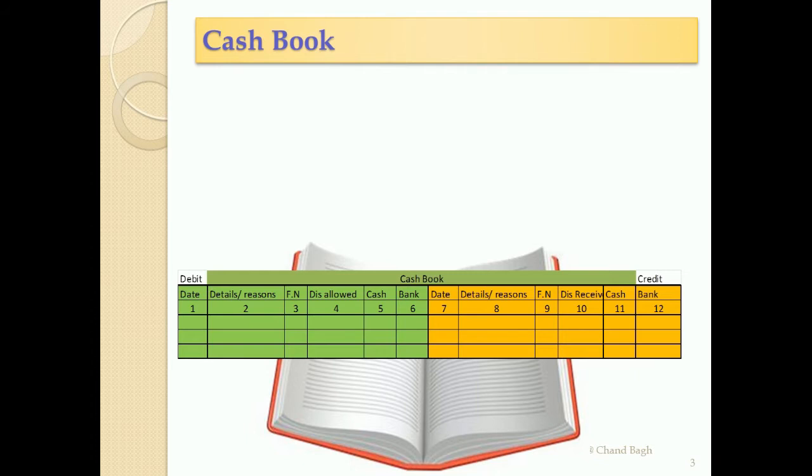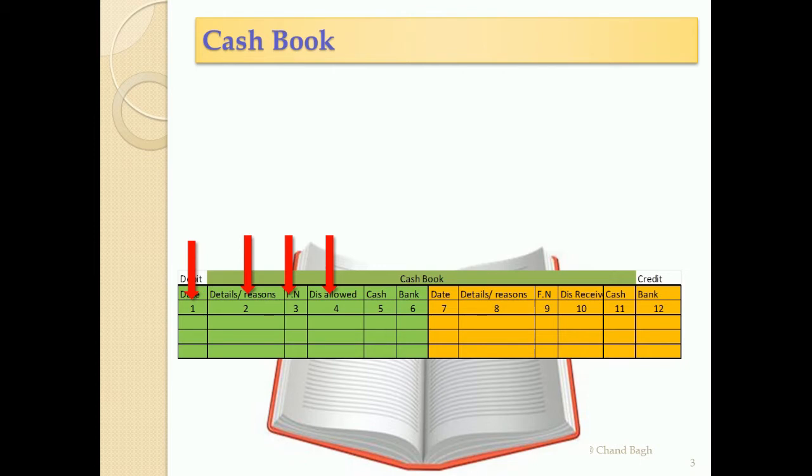So on the debit side, the first column is for date, second column is for description or detail or the reason, then folio number is there for the third, and fourth column is your discount allowed. It is on the debit side, and you know that it is our expense, and you know that expenses whenever increase we debit them in our books.